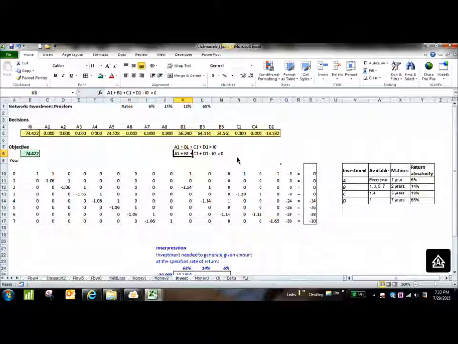Isn't that correct? Okay. So what are the coefficients on A1, B1, C1, D1, and I0? The coefficients are 1, 1, 1, 1, and minus 1. Okay?